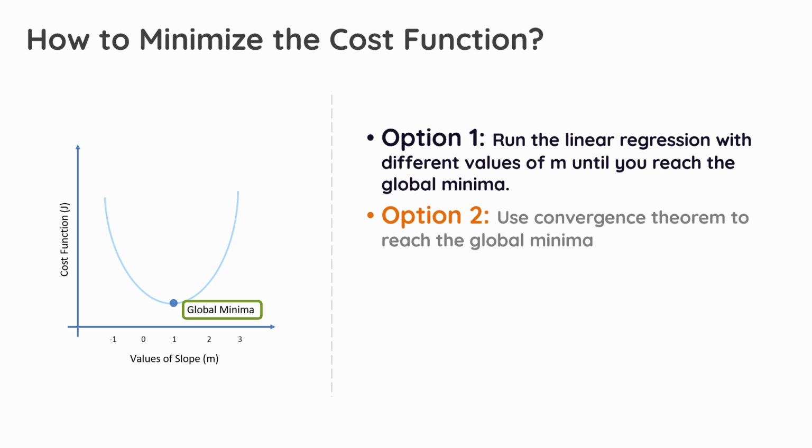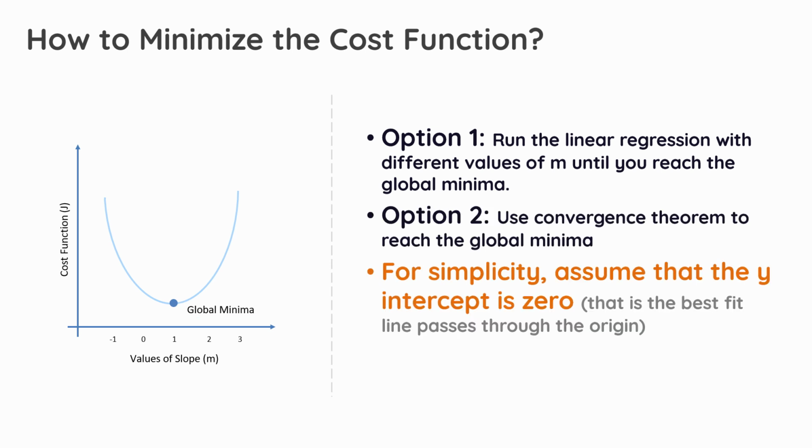This is a more efficient approach where we iteratively adjust the parameters m and c in a particular direction to reduce the cost function. For simplicity, let's assume that the y-intercept is 0. This will reduce the equation and the resultant one will be y = mx. Now all we need to do is to find the value of m such that the cost function is minimized.